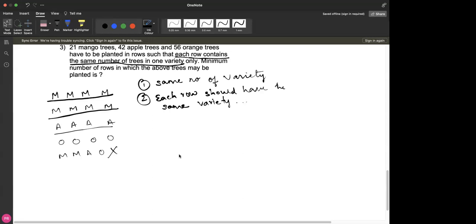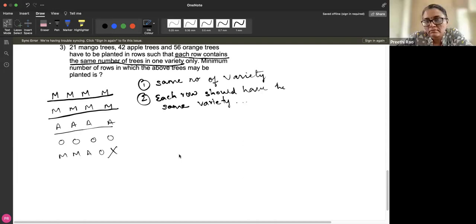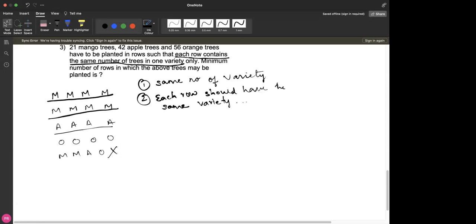Ma'am, I have a question. Yes, Agne. So, the minimum number of rows in which the above trees can be planted. My question is, for the mango trees, apple trees, orange trees, which tree will take the least amount of rows?